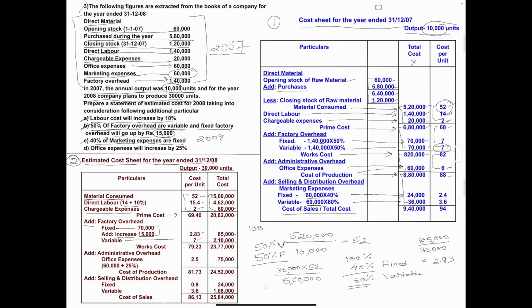Total is 2,10,000. Add these three: 69.40 plus 2.83 plus 7. Total is 79.23. Total cost: 20,82,000 plus 85,000 plus 2,10,000. Total 23,77,000.